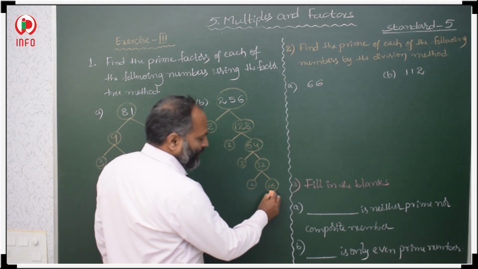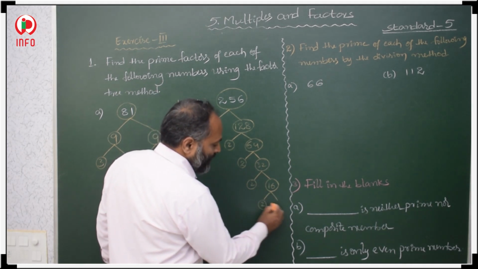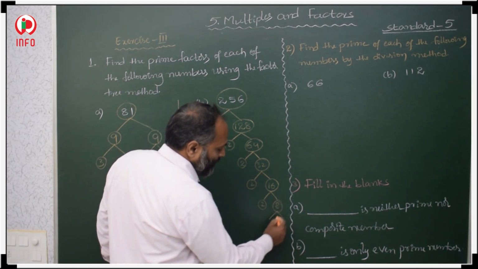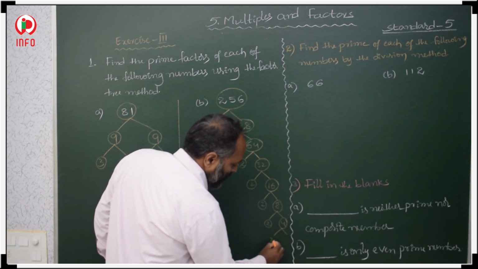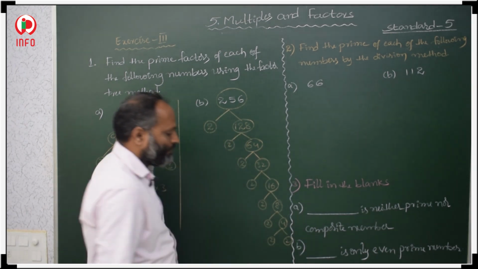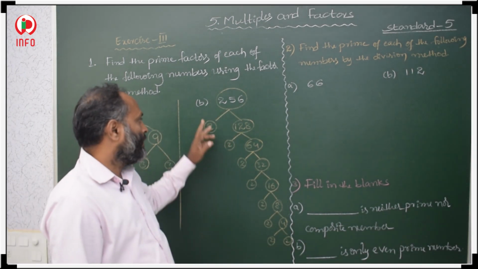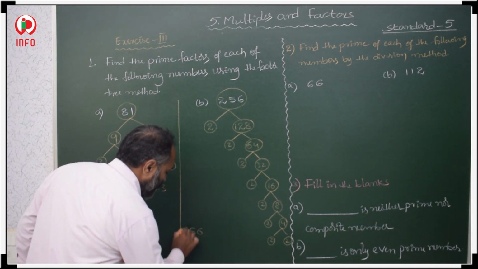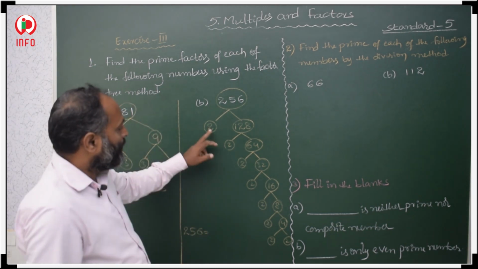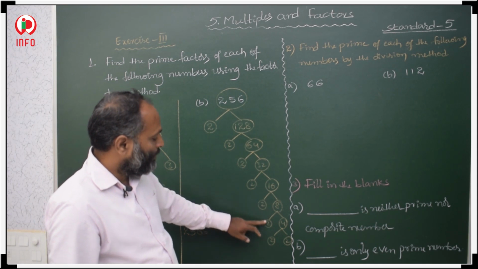Again this 16 we have to split. 2 8s are 16. Again this 8 we have to split. 2 4s are 8. Again this 4 we have to split. 2 2s are 4. Now it is enough. Now, how to take this 256 as a product of prime factors? 2 into 2 into 2 into 2 into 2 into 2 into 2 into 2.